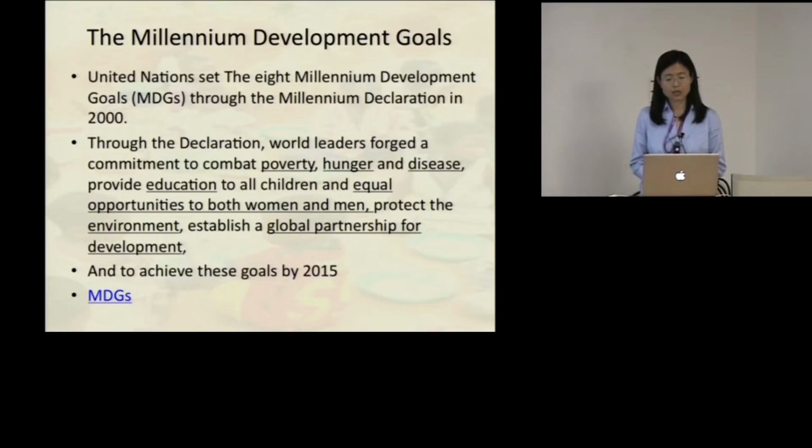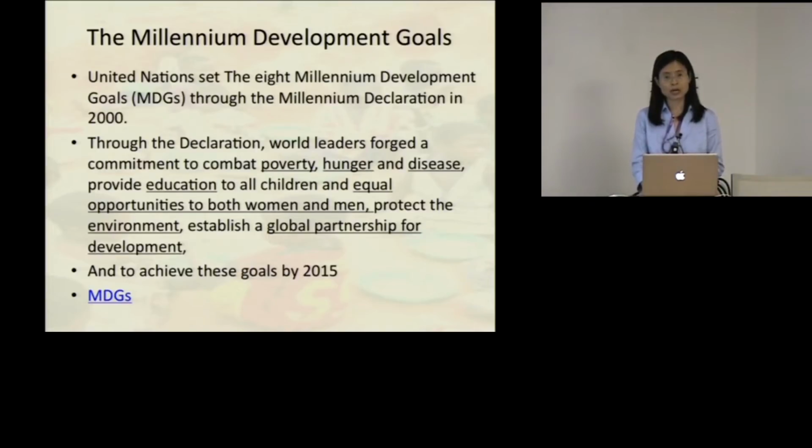In this declaration, world leaders forged a commitment to combat poverty, hunger, disease, education to all the children, equal opportunities to both women and men, etc., and to achieve these goals by 2015.